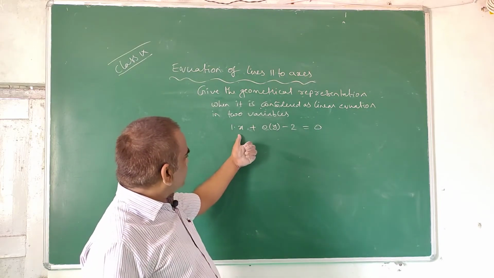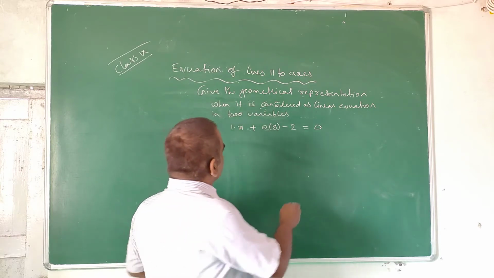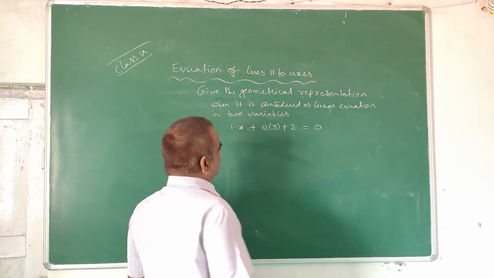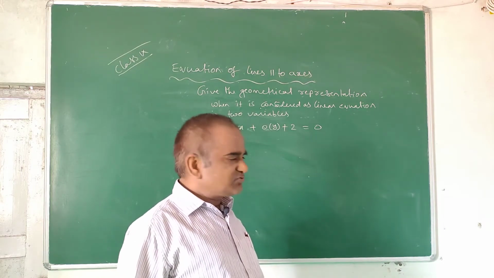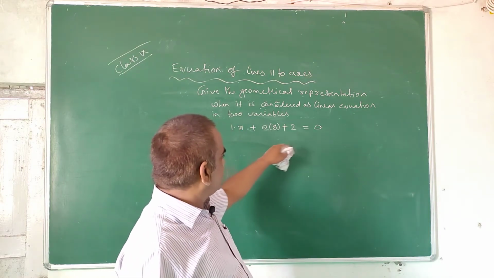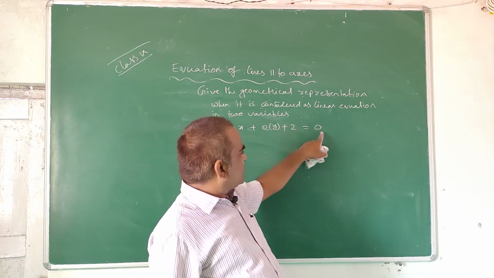Here 1 into x is x and 0 into y is 0. X is equal to minus 2 means we have taken x plus 2 is equal to 0.